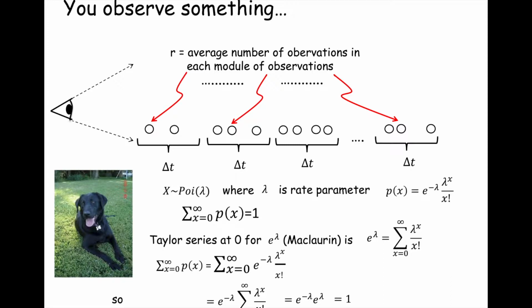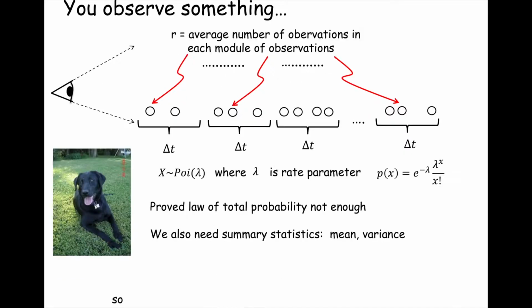And so we took that binomial and the probability mass function for it, and we let the limit for n, the number of trials, go to infinity, and we came upon an expression for the Poisson mass function, and we showed using the Maclaurin series that the law of total probability holds true for the Poisson, in that the sum of these Poisson probabilities across all values of x, the number of events observed, sums to 1. Okay, and we made use of the Maclaurin series in order to do that. Any questions about this? Okay, let's continue on.